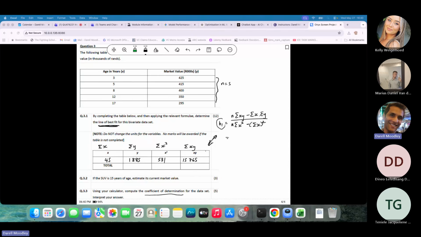So I'm going to substitute all the values into the formula. So it's going to be 5 for n. And your sum xy, here it is in the table. It's 15,765 minus sum x, which is 45, and sum y, which is 1885.